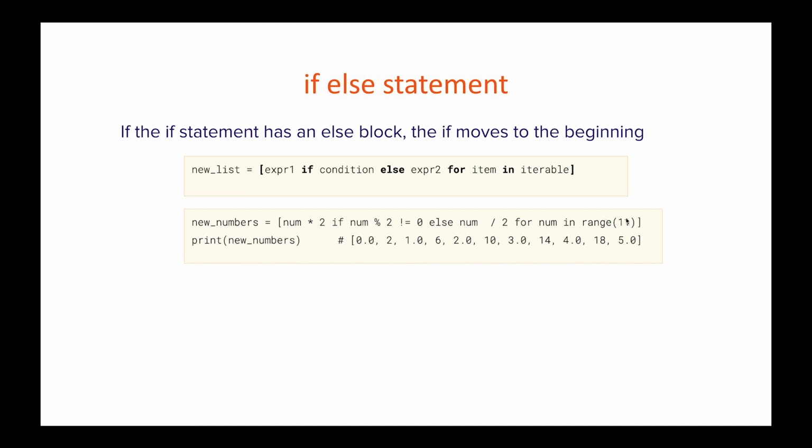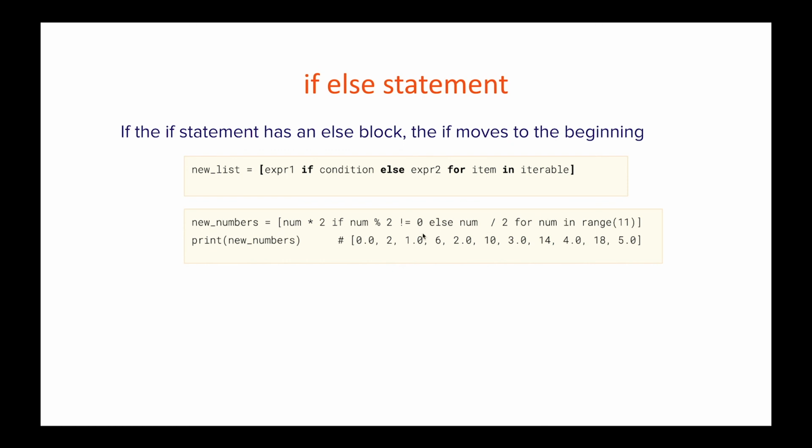What we have here is a range, the numbers 0 to 10. What we want to do is, if the numbers are odd, we multiply them by 2. If they are even, we divide them by 2. So that is the structure. We are simply performing two different operations based on the number that we have.